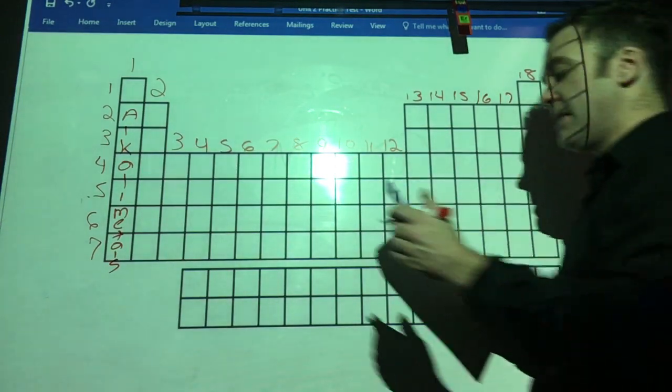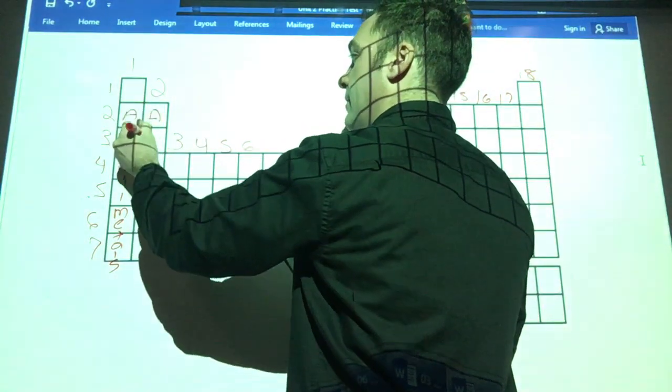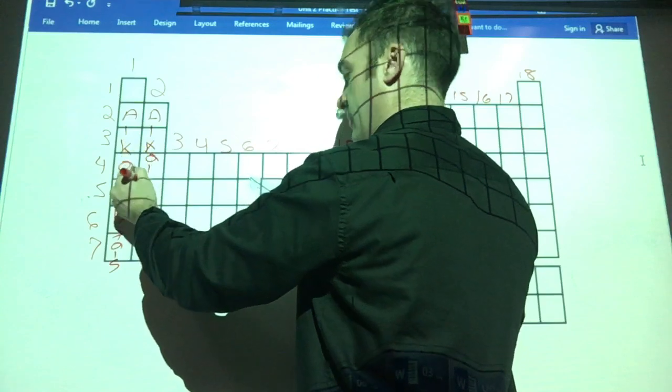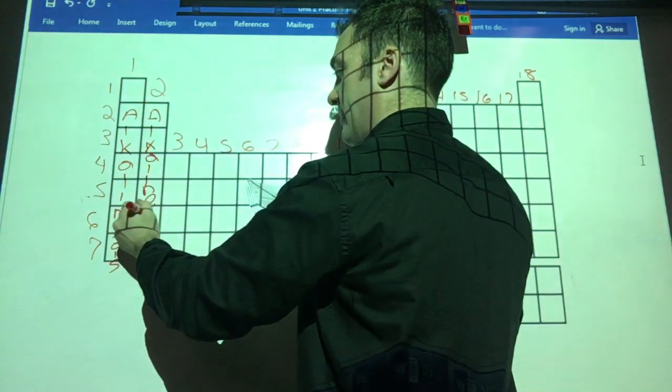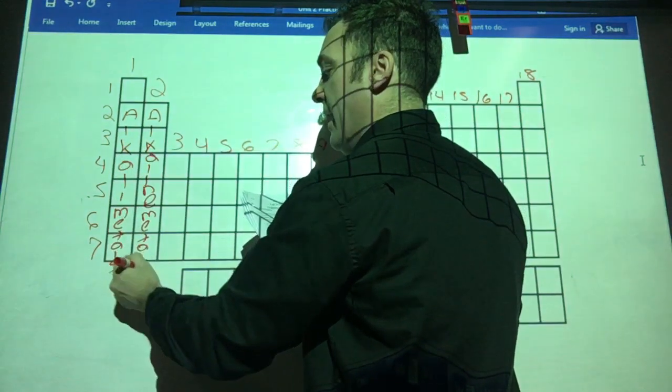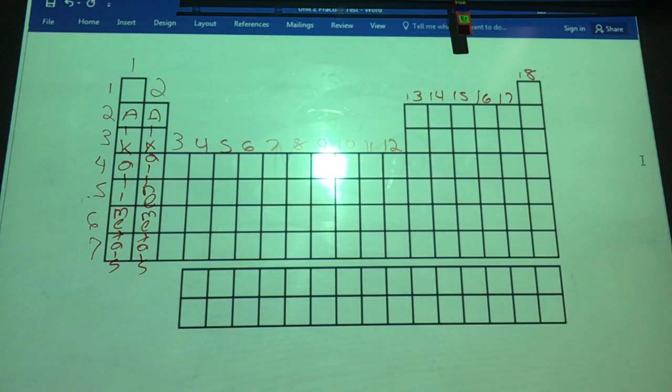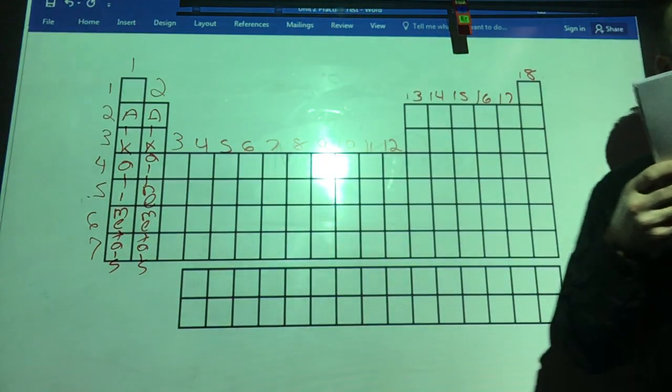The second family is called the alkaline metals. And if you just draw a line to the group, that's fine.